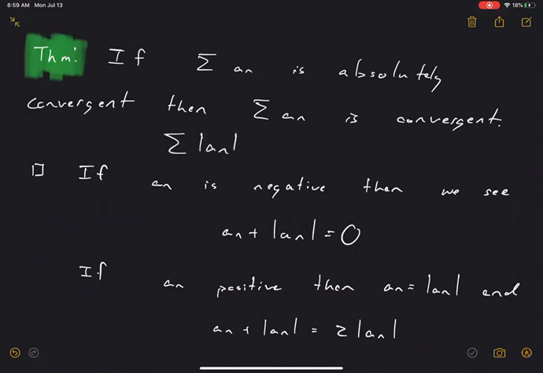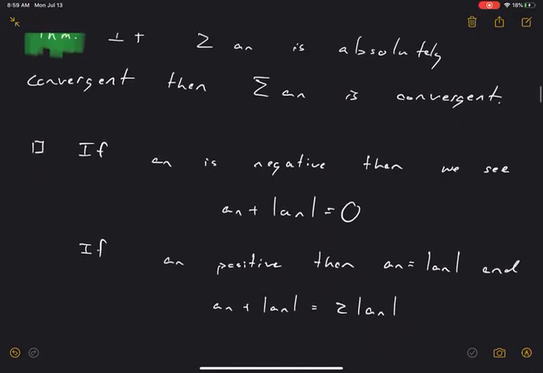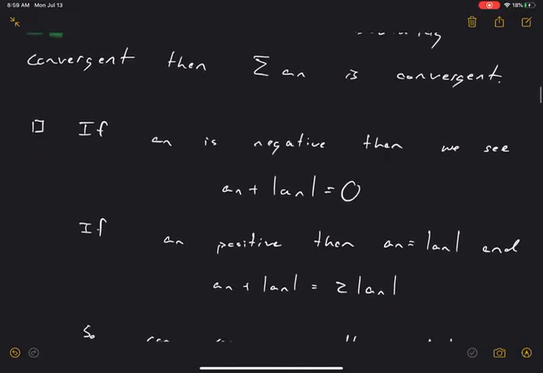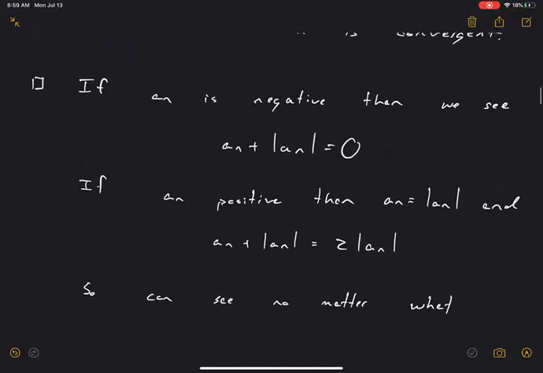So we're just saying that if this series converges, then this series converges. Maybe it seems intuitively clear, but it's not something you can just take for granted. We've got to show it.